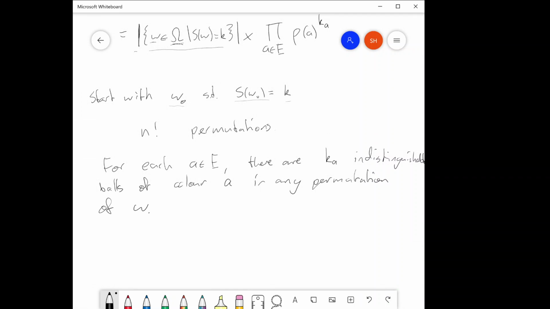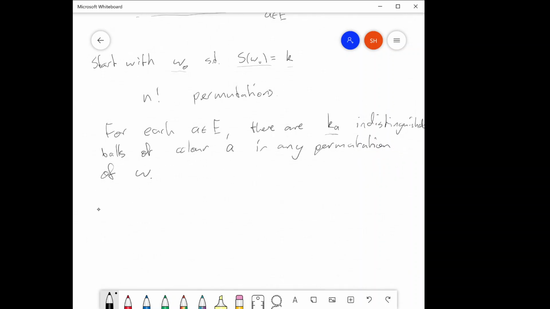So we've actually counted too many, because in this big Omega we've already passed to just remembering the color. We can permute these balls of the same color in any order we want. So in fact the size of this set is equal to n factorial divided by the product over a in E of k_a factorial.